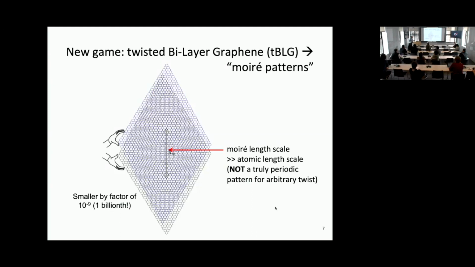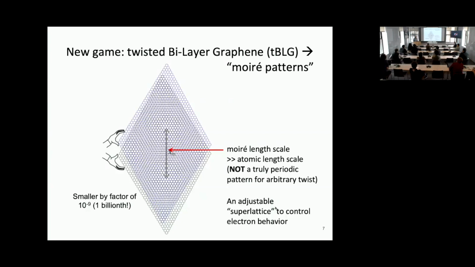The periodicity is only approximate. If you look closely, this region here does not coincide exactly with this region here, only approximately, for an arbitrary twist. There are special twist angles where there is periodicity, but those are very specific. And the length scale is adjustable by the twist, which gives a very interesting knob.